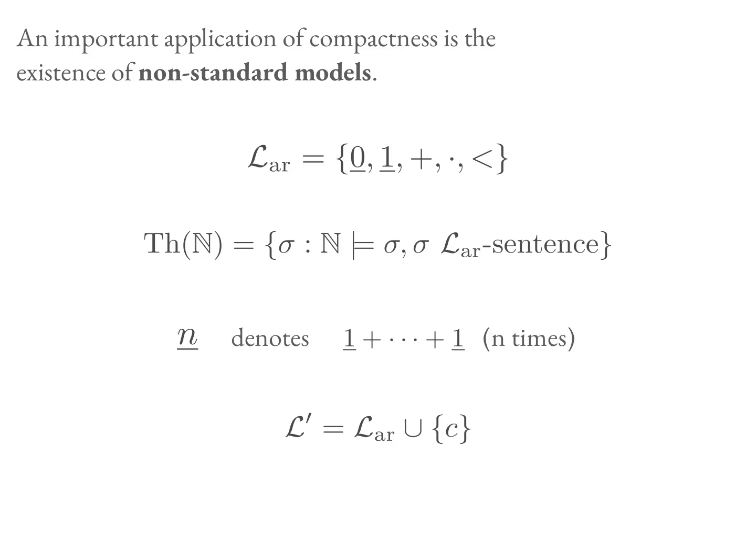So what we do then is we extend our language. We take our original language of arithmetic and add a constant symbol. This constant symbol C is different from all the symbols that are already in the language. And we call that language L prime.